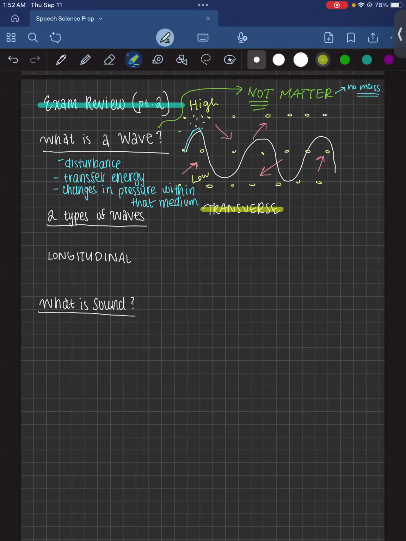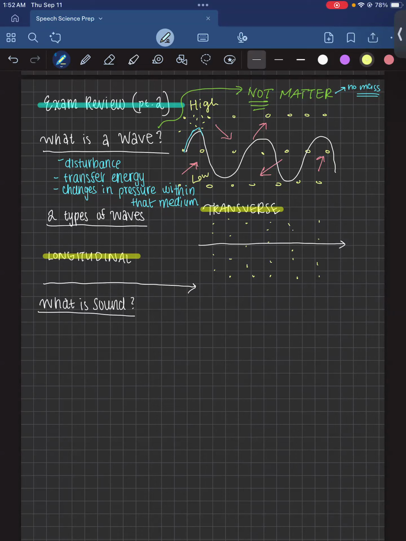And this is a really important difference to note. So let's say both of these waves are moving in the same direction, right? Because waves propagate, they move. And so they're moving through some type of medium. And once again, we have these little particles going like this.